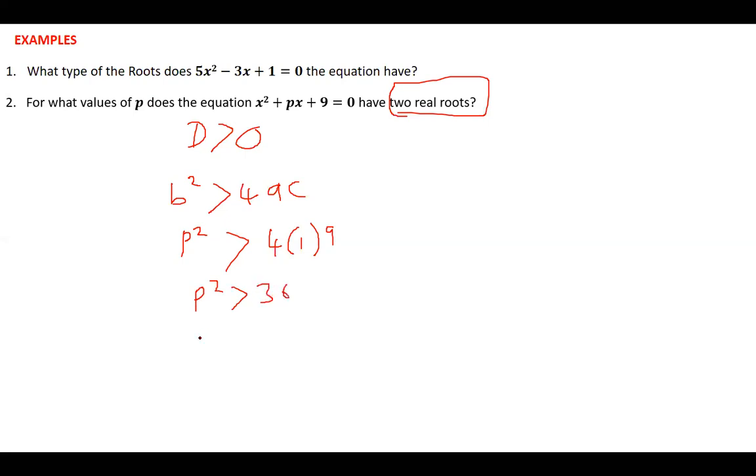When you simplify this and take the square root on both sides, you're going to have p being greater than plus or minus 6. This is your answer. At these values of p, the given equation has two real roots.